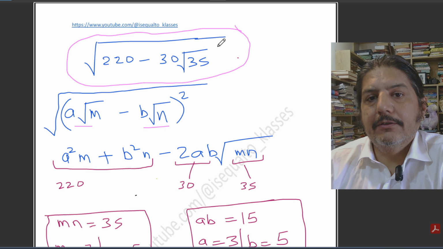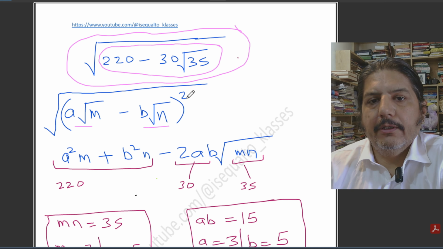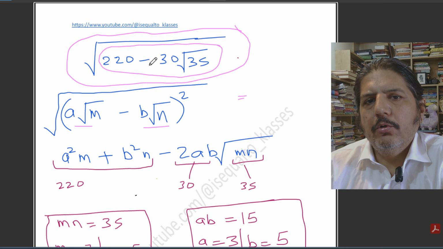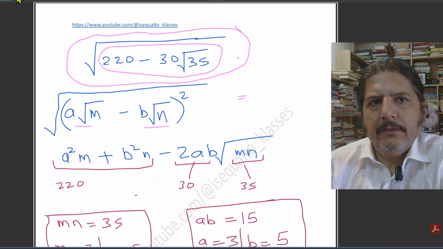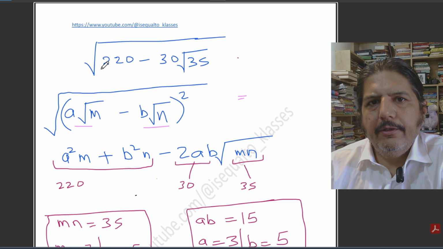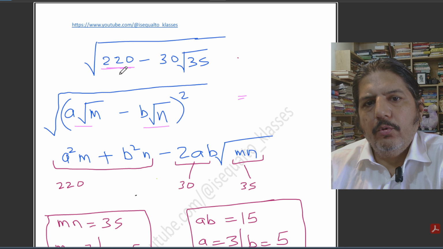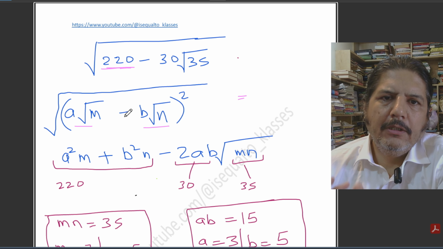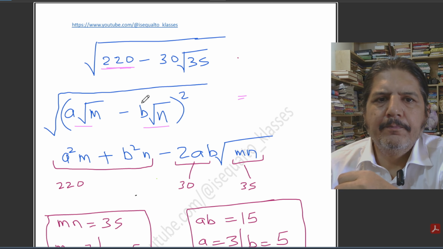Because once I write this as a root m minus b root n whole square, then finally my answer would simply be a root m minus b root n. Then how do I reduce 220 minus 30 root 35 into this shape? This is where we'll be doing some manipulation.